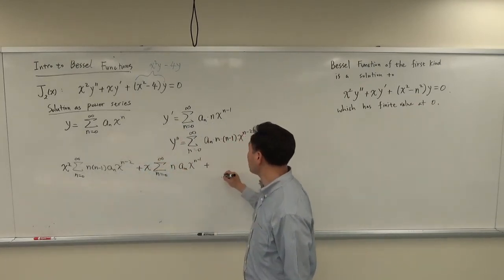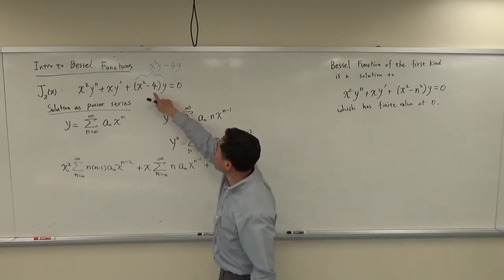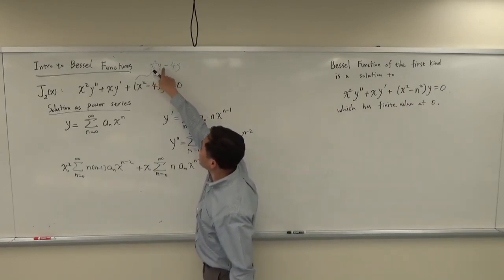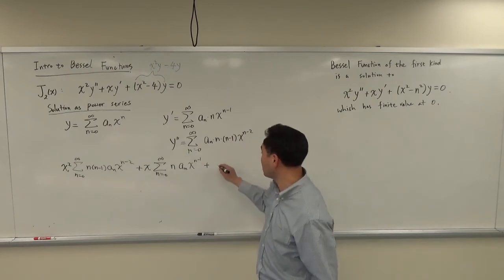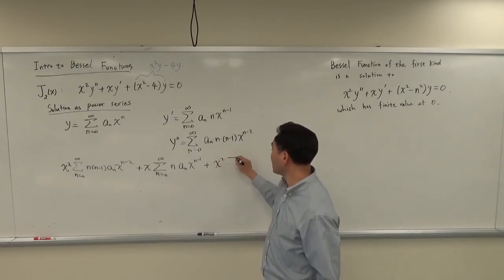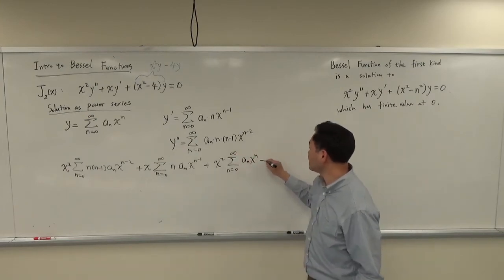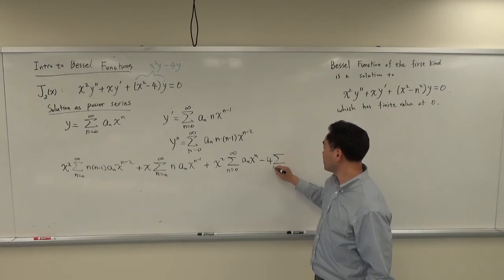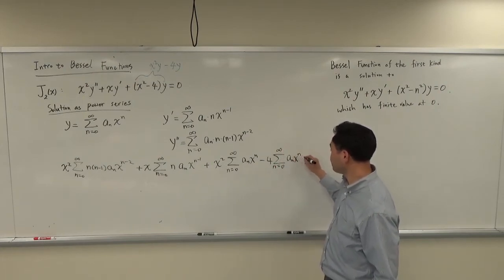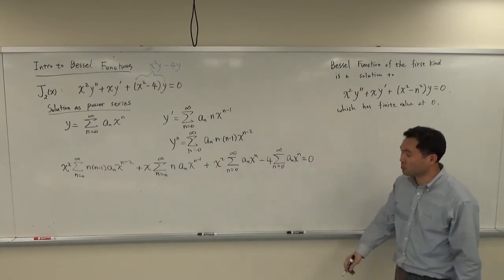And then plus, remember we switched this into this, so it's x squared times y. And then minus 4 sigma a_n x to the n. So that's the differential equation you get.